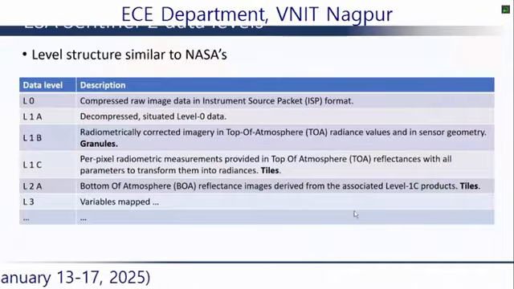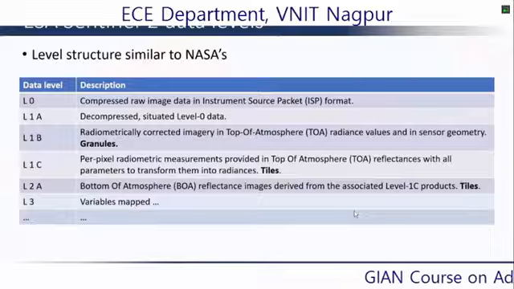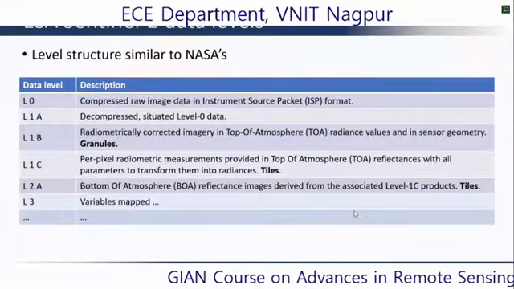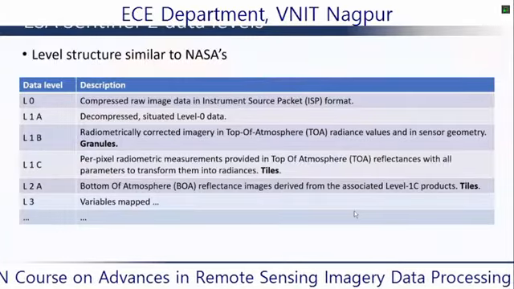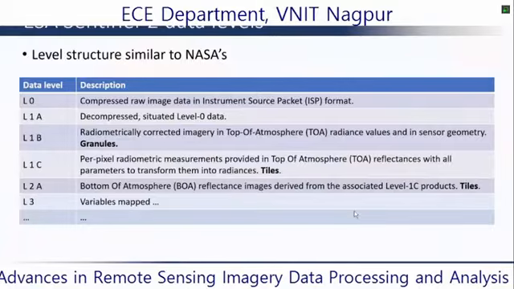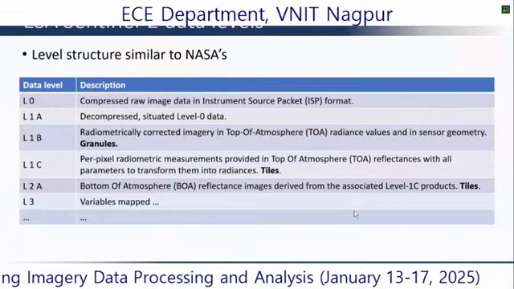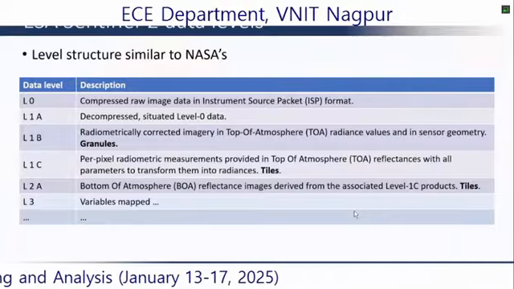So that brings us back to the previous presentation where I said data levels. We only saw two examples, but you can see there's a long path between the raw data generated by the satellite, and the fully corrected data that you download to use in your processing. And lower levels, right?